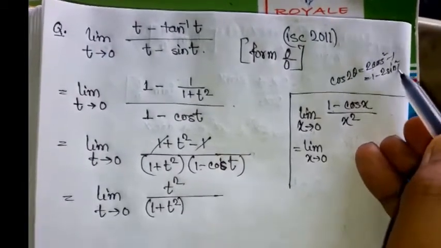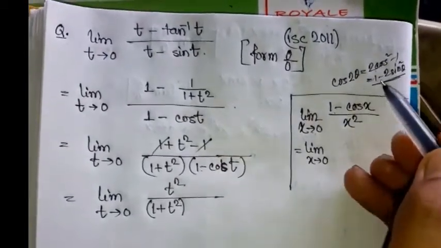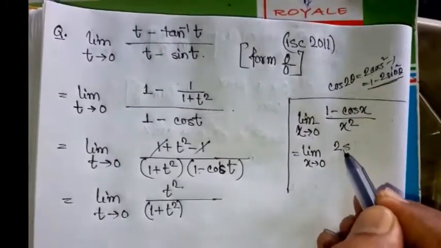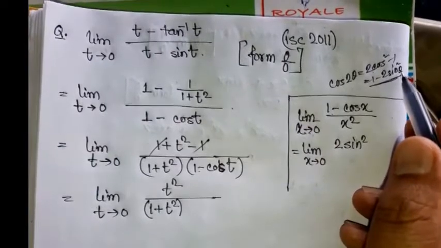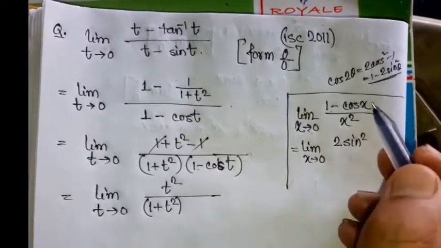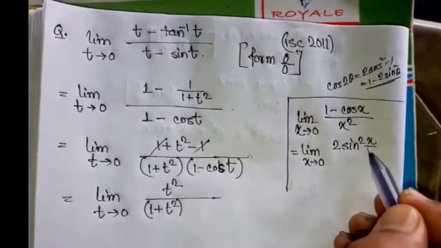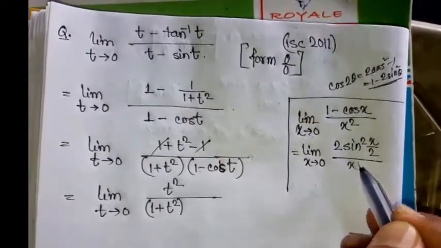So the second one you have to use. So 1 minus cos 2 theta will be 2 sin square theta. Here 2 theta means x, that means theta will be x by 2, over x square.